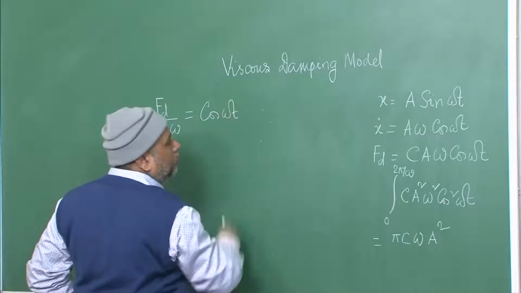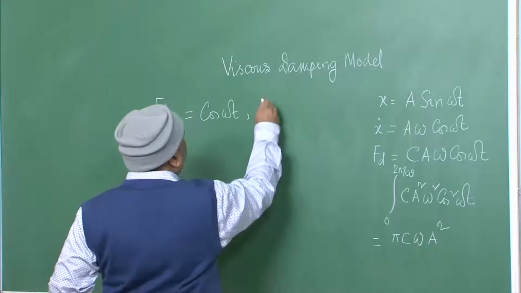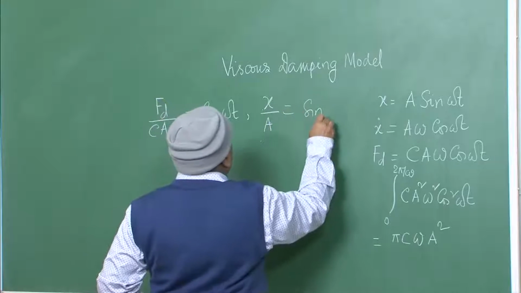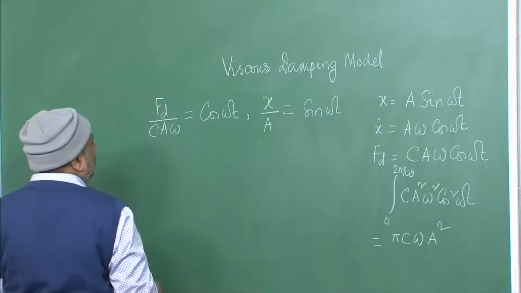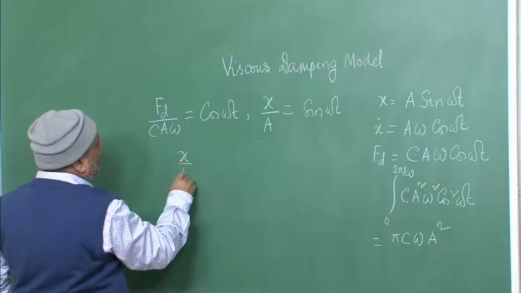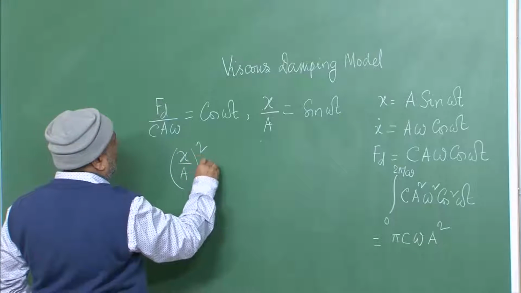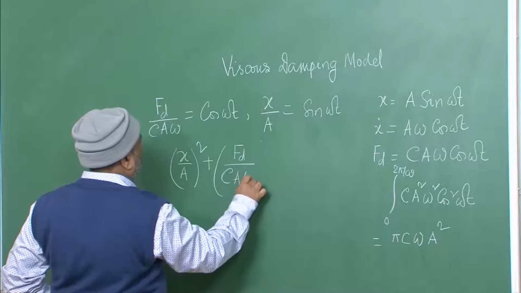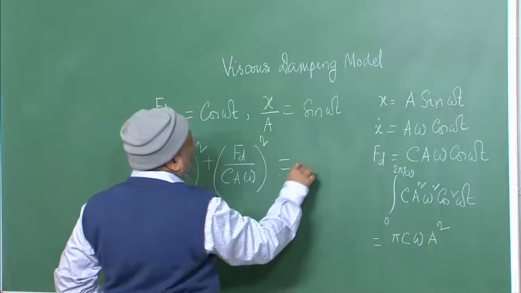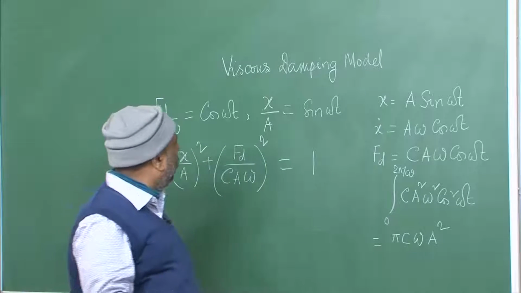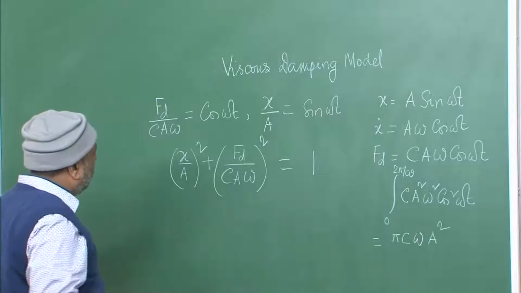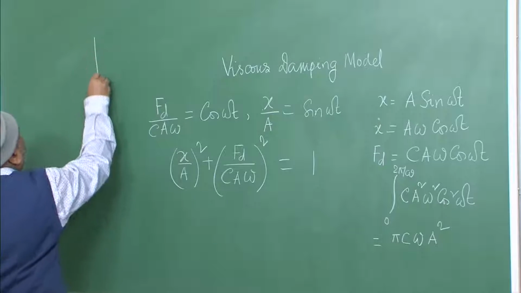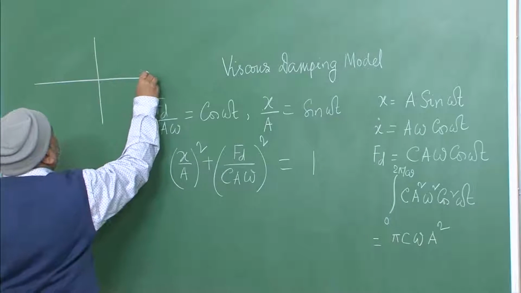That is one relationship we know, and we also know that the normalized displacement x over a is sin omega t. So, this essentially tells us that (x over a) squared plus (F d over c a omega) squared equals unity. This gives us the clue that we can represent this whole viscous energy damping in terms of the work done in the system.